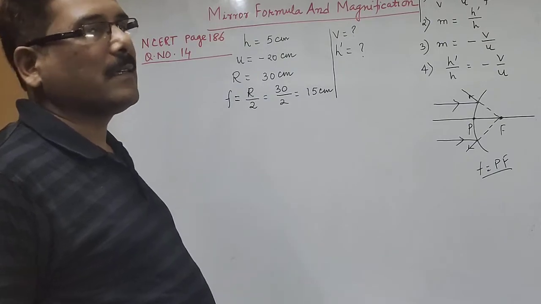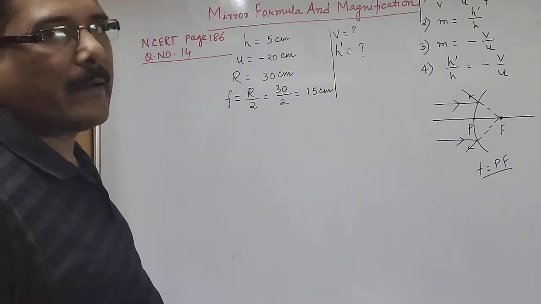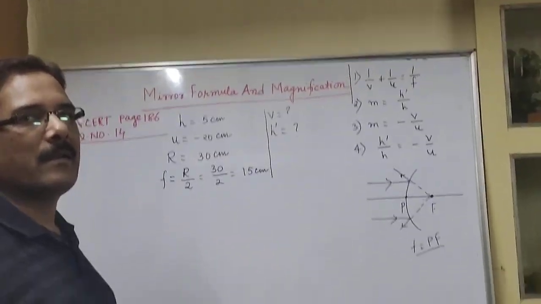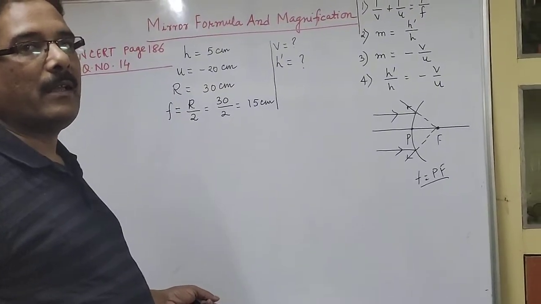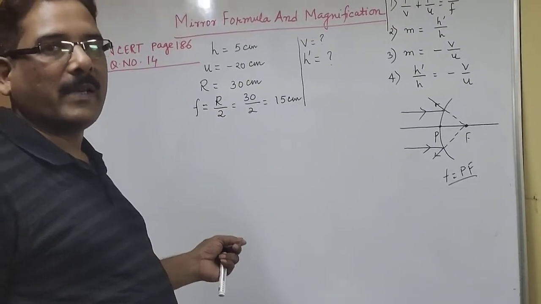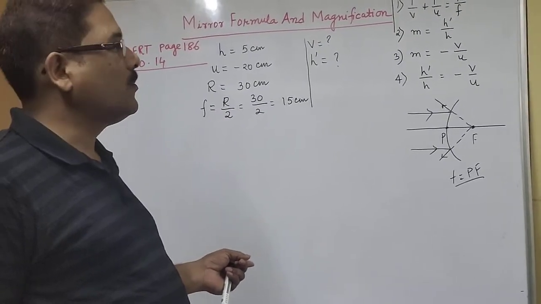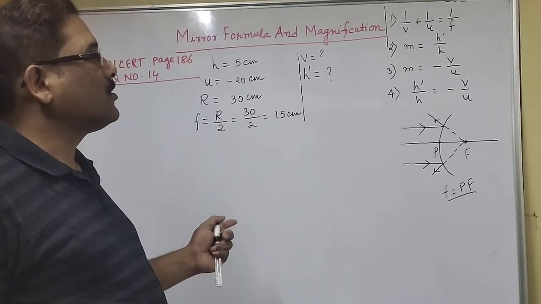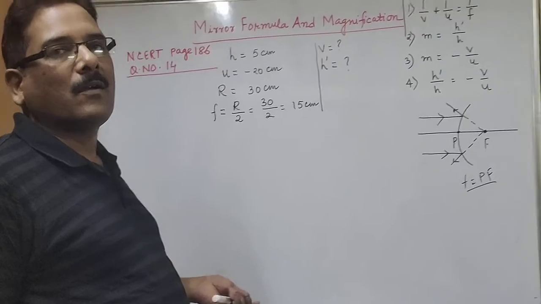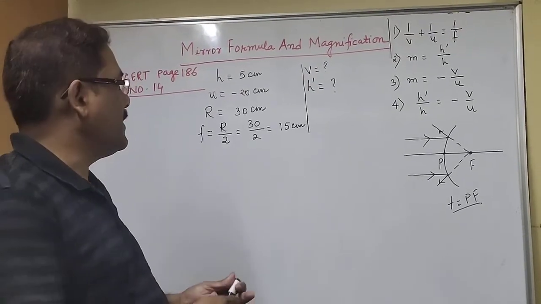So far as nature is concerned, in a convex mirror, whatever be the position of the object, except infinity, we always get virtual, erect and diminished images. Just go through my previous notes. So the nature is known to us: it will be a virtual erect image.